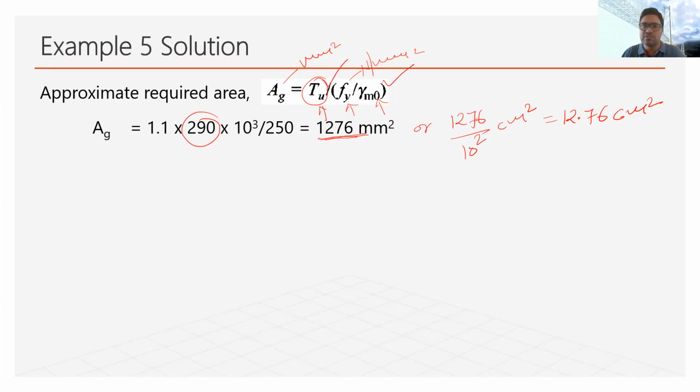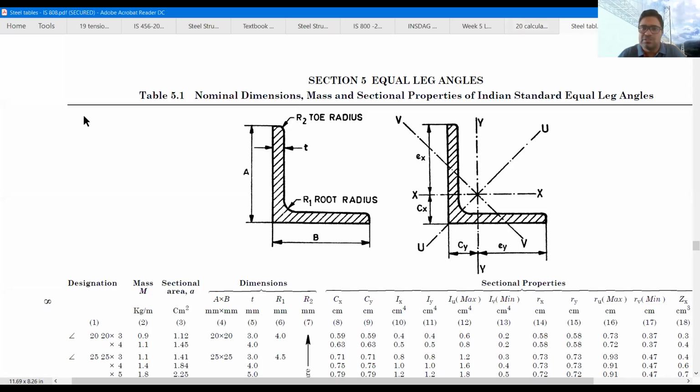So now we will choose the section from the IS code or the steel table. I will show you how we can choose that. This is the steel table, which is IS code IS 808. Assuming that we are using the equal angle section, we will choose the section.